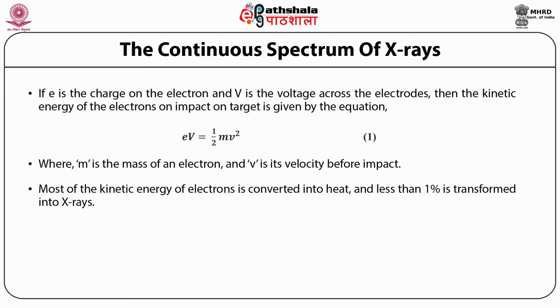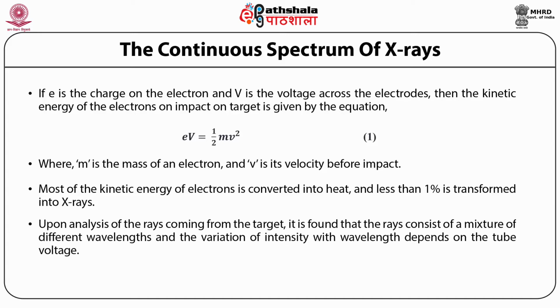Most of the kinetic energy of electrons is converted into heat and less than 1% is transformed into X-rays. Upon analysis of the rays coming from the target, it is found that the rays consist of a mixture of different wavelengths and the variation of intensity with wavelength depends on the tube voltage.